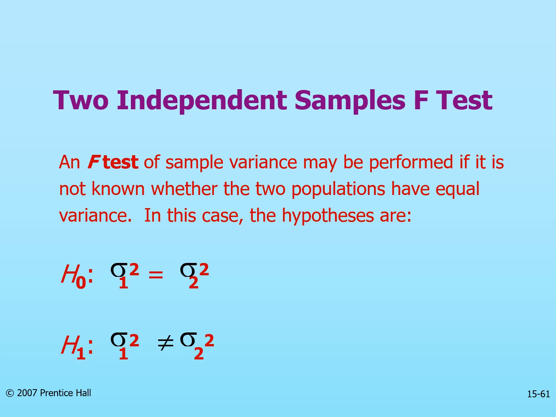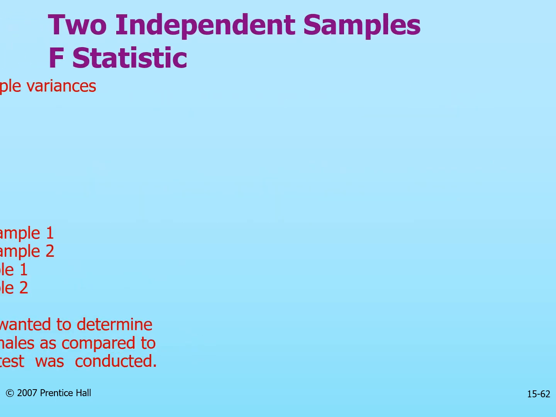In this case, the null hypothesis says that the variance of the first independent sample is equal to the variance of the second independent sample. As you know, variance is equal to standard deviation squared. The alternate hypothesis says that both variances are not the same.